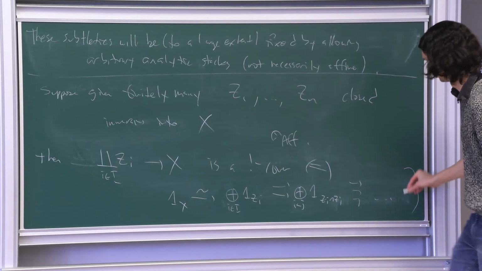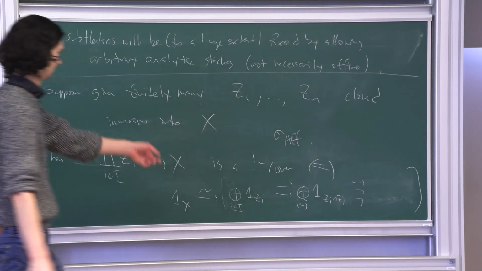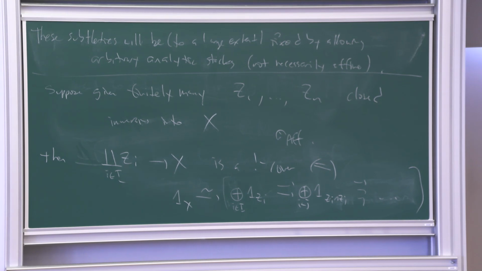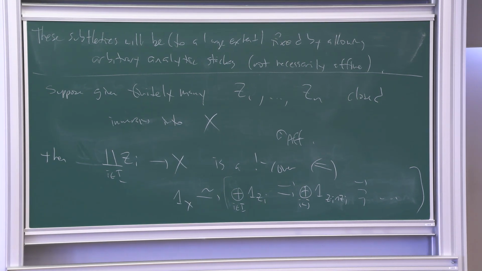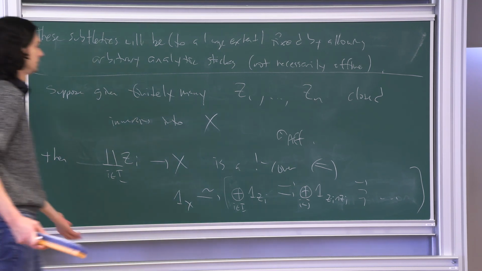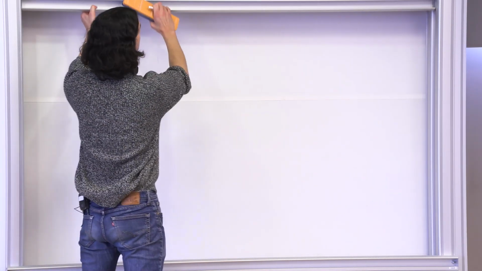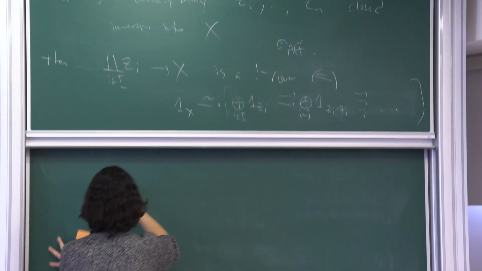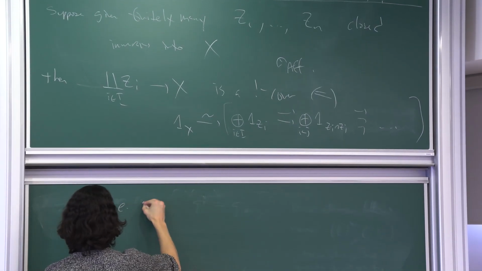And this is actually going to terminate at a finite stage because it's a finite closed cover. So this is the condition that, i.e., the structure sheaf is a sheaf, so to speak.